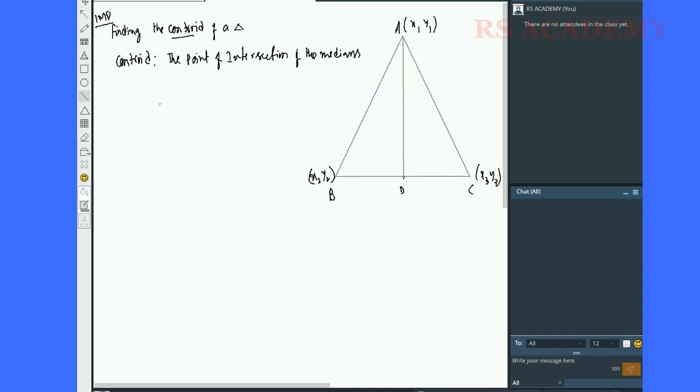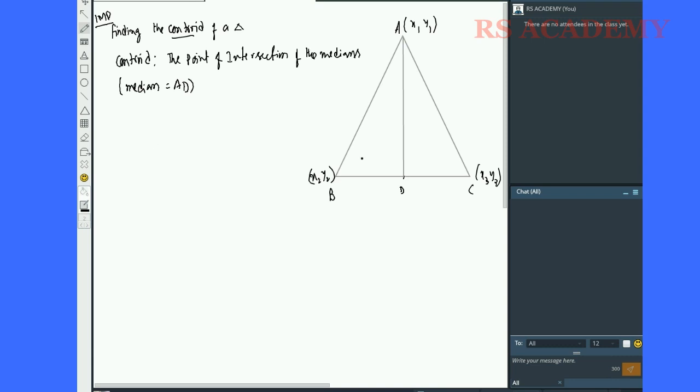So AD is the median. I will write the definition: Median is AD, the line joining the vertex and the midpoint of its opposite side.